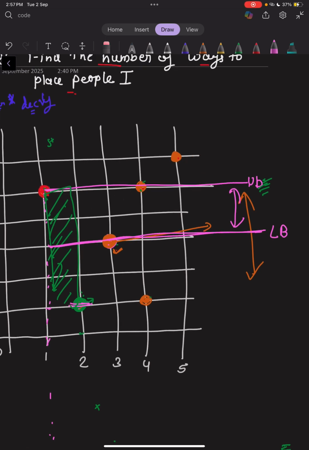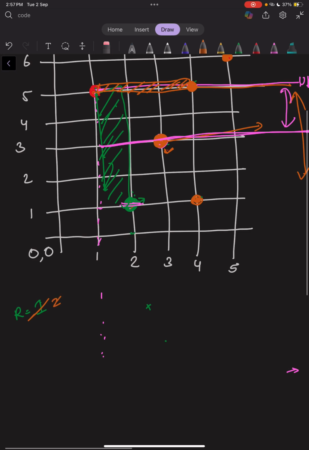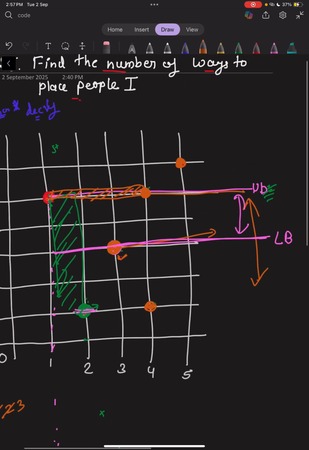Now the next point, as per the sorting, will be this one. Now if you see here, this is also a valid rectangle as per the document, as per the question. So same thing will happen, our result will be counted to 3 and the lower bound will again decrease to this one.